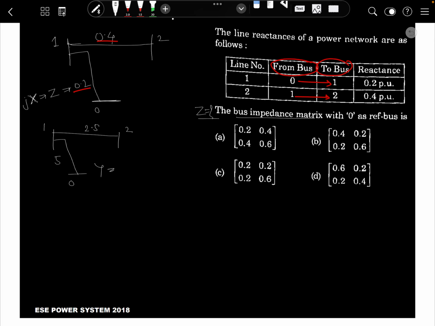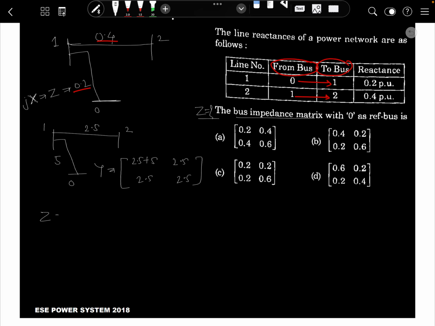From this we can write Y: Y11 is 2.5 plus 5, then Y12 is minus 2.5, and Y22 is also 2.5.